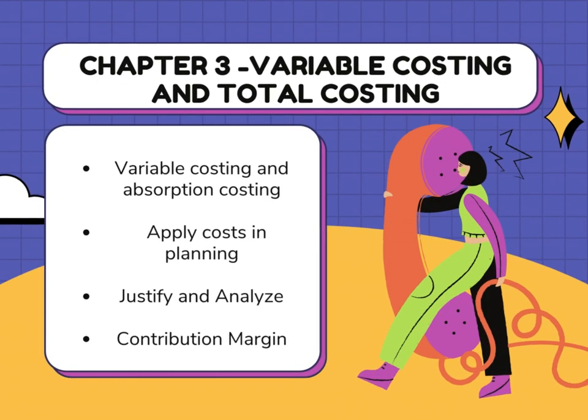The choice between these two costing methods can have significant implications for financial reporting, internal decision making, and tax calculations. Variable costing and absorption costing, or total costing, each have their own rationale.